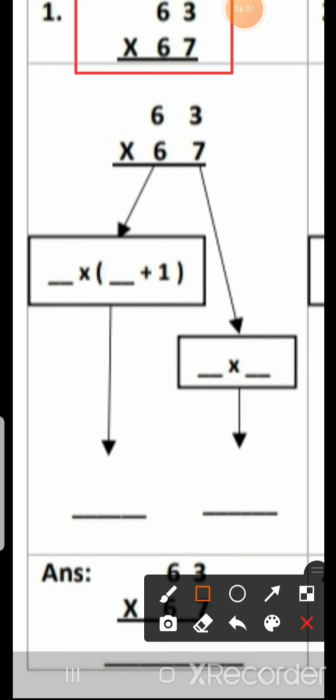And when we look at the ones place, 7 and 3, when we add them, they add up to the number 10. That means that this particular problem, we can apply the math shortcut.